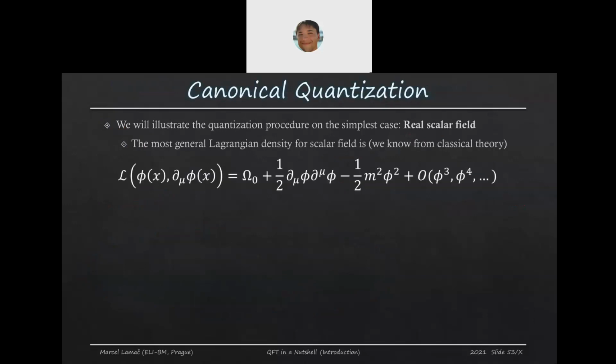So once again, we know the most general Lagrangian density for a scalar field, which you know from the classical field theory, right? We were discussing that the Lagrangian density must depend only on the field and on the four-gradients. We want the conservation of energy and momentum, so we neglect the dependency on the position itself.